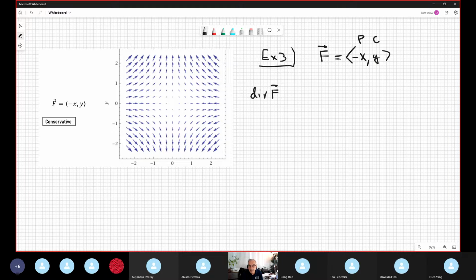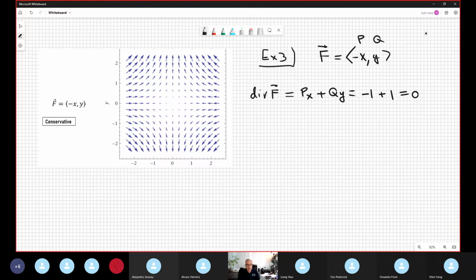It's a P and it's a Q. Remember the formula for divergence: partial derivative of P with respect to x plus partial derivative of Q with respect to y. In that case, partial derivative of P is -1 plus partial derivative of Q with respect to y, positive 1, is 0.